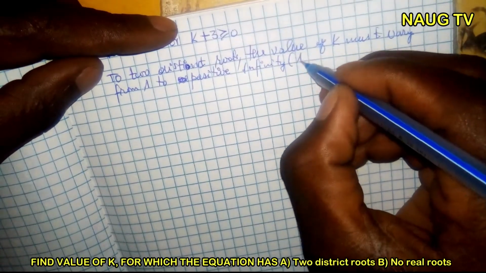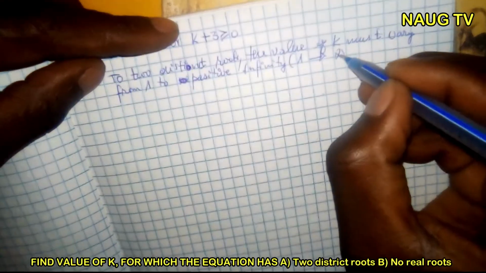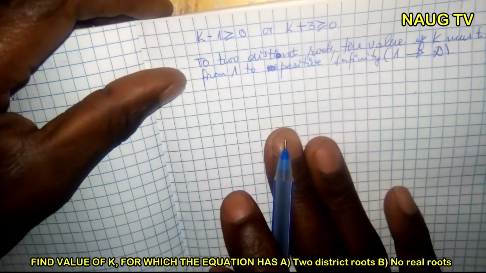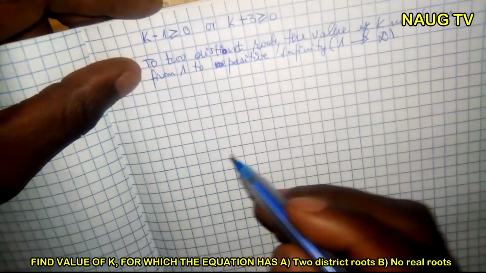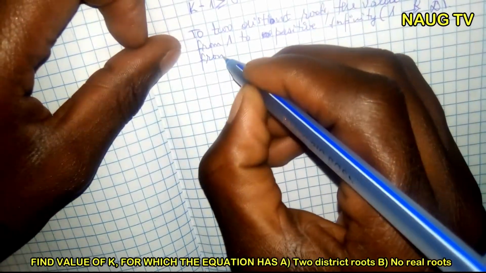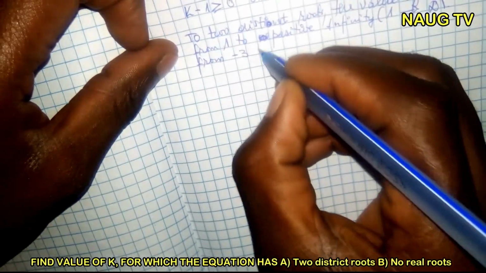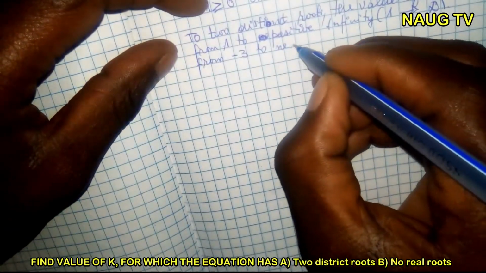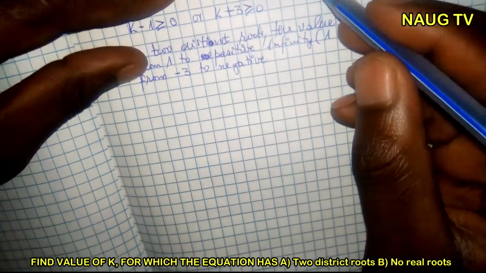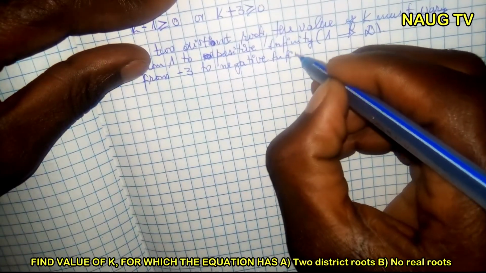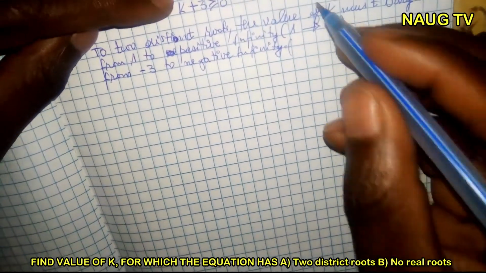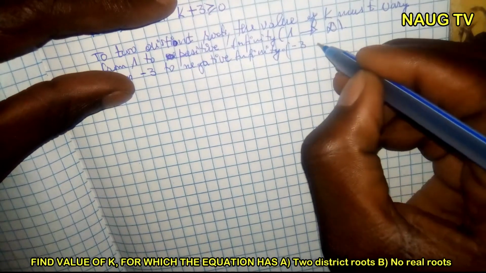That is 1 to infinity. Okay. And also from negative 3 to negative infinity.